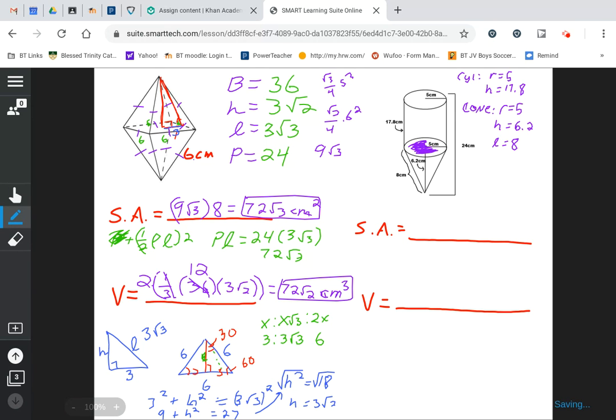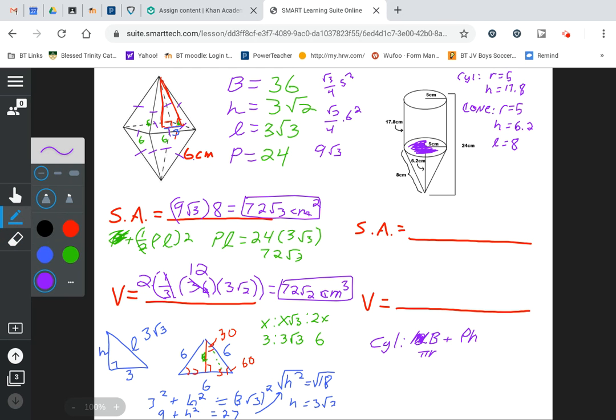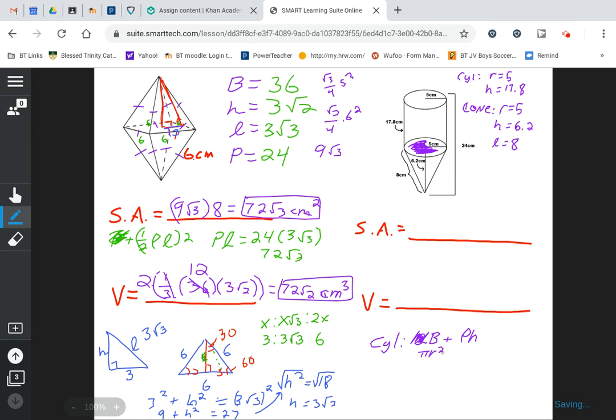So normally with a cylinder, the surface area is 2B plus PH, except there's only one base showing, so it's only 1B, or in this case, pi r squared. So we get pi r squared plus 2 pi r h.